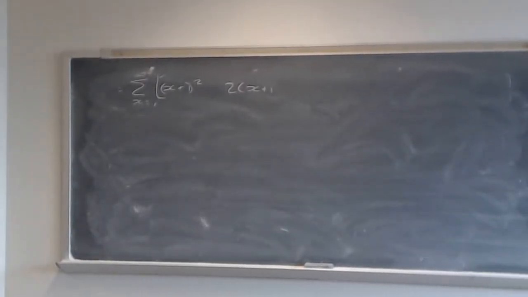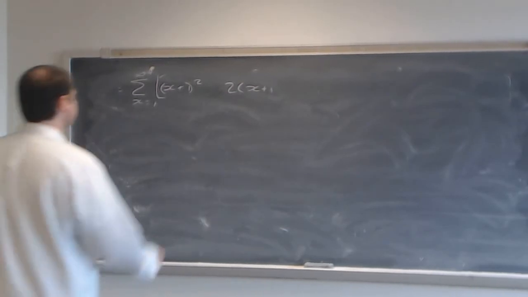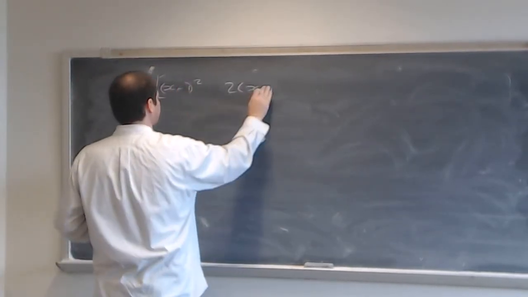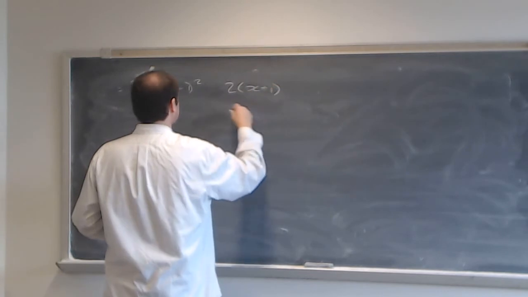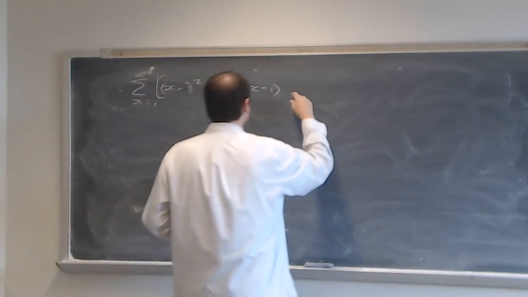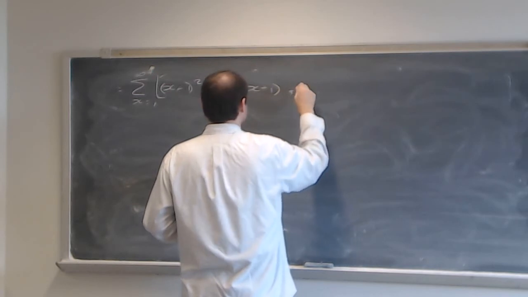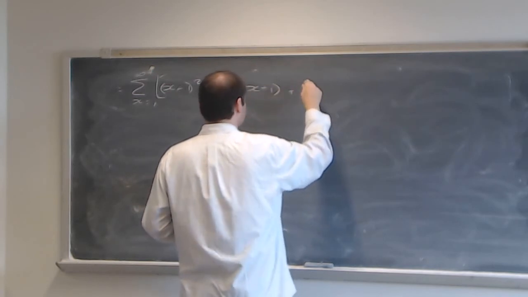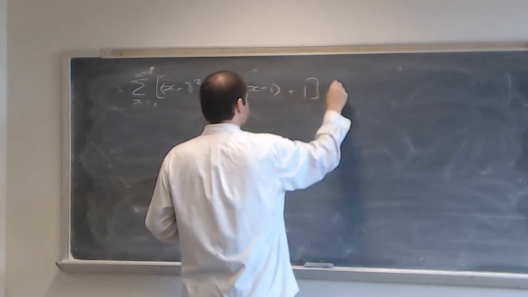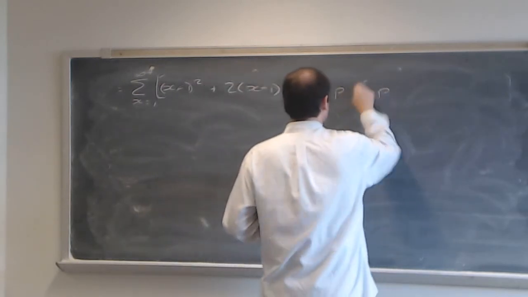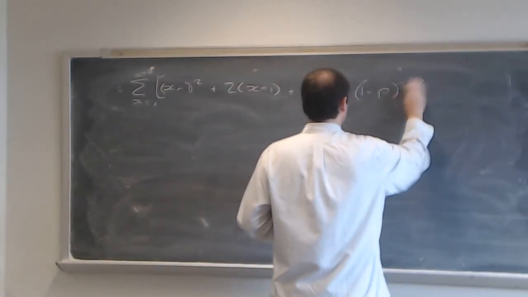So here, this will be (x minus 1) squared, this will be 2 times (x minus 1), and then plus 1 squared, which is just 1, and then times p times (1 minus p) to the x minus 1.